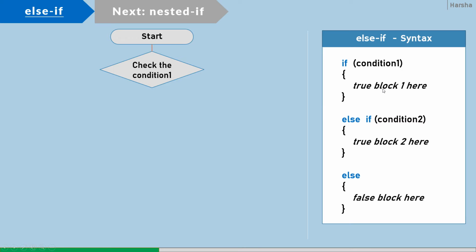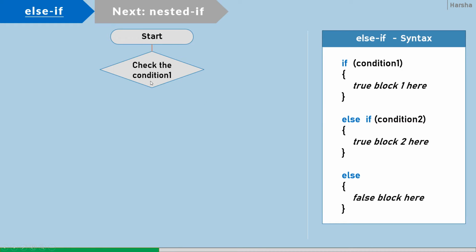Suppose we have 4 or 5 conditions like this. The subsequent condition will be checked only when the previous condition is false. In case the previous condition is true, the respective true block will execute. At that time, the subsequent condition will not be checked. But overall, if all the conditions are false, then only it will execute the else block, that is the false block.